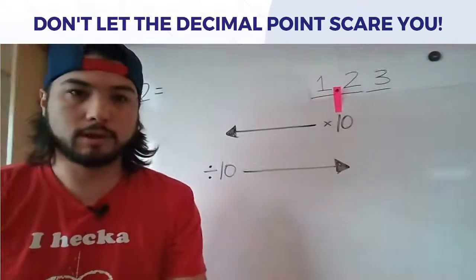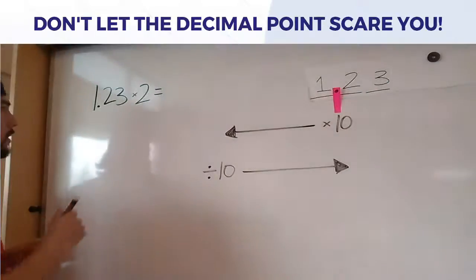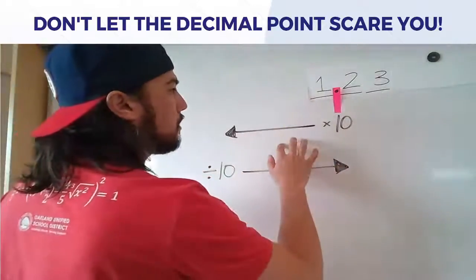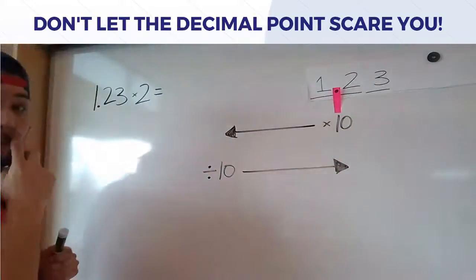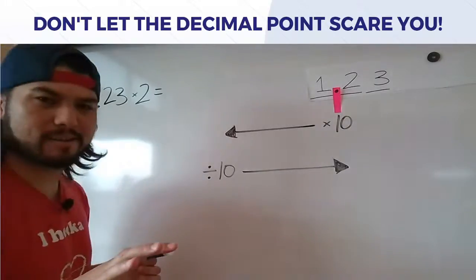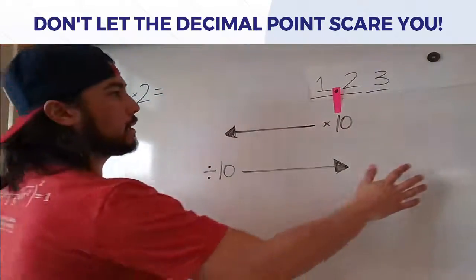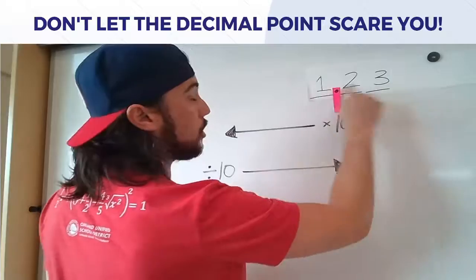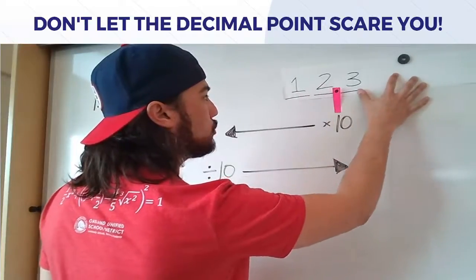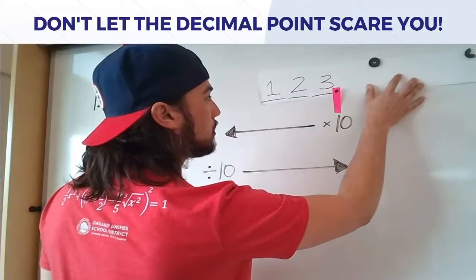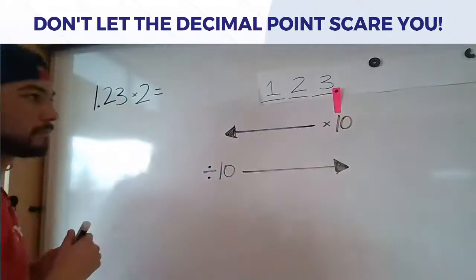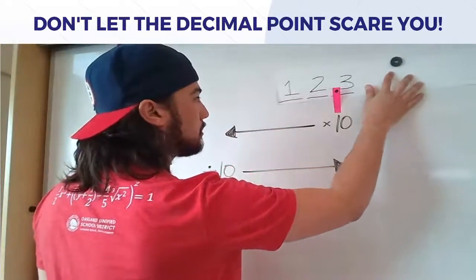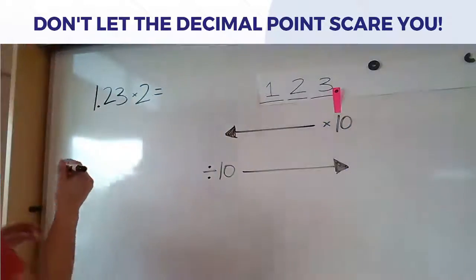Now, what I'm going to do here is, before I do anything else, I'm going to use my place value rules here, and I'm going to essentially hide that decimal point, okay? And I'm going to do that by going, okay, in order to hide the decimal point and make this a whole number, I have to go 2 places larger. So I essentially did times 10 times 10, or times 100.